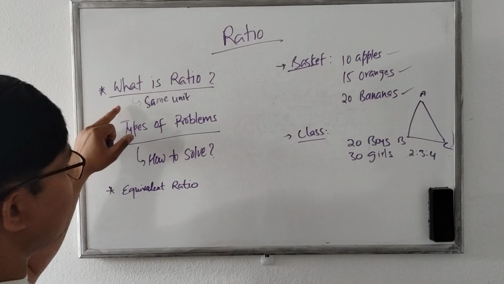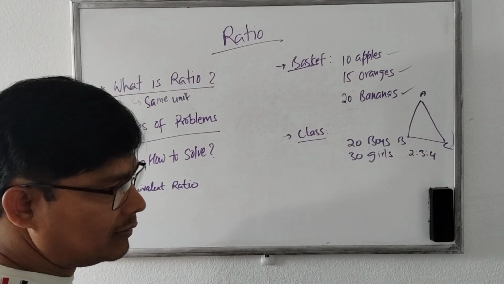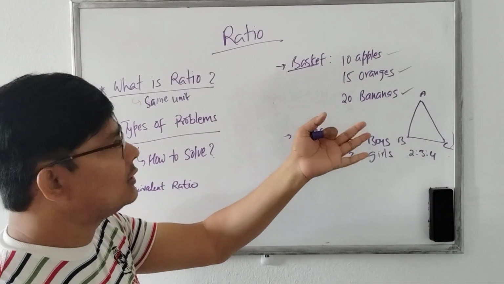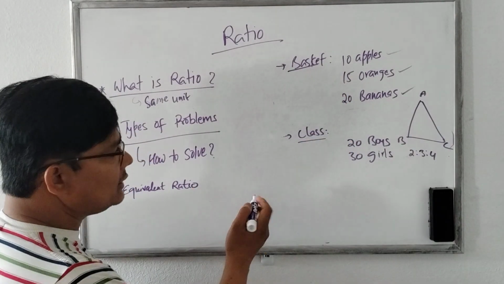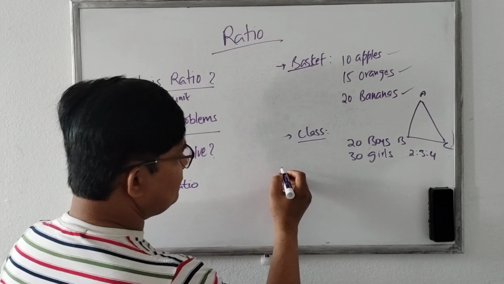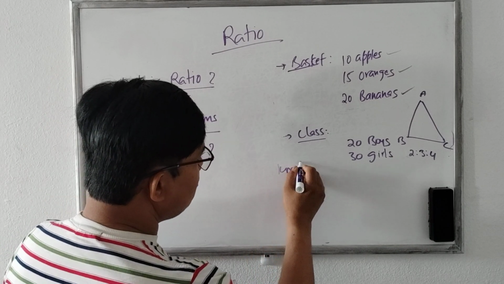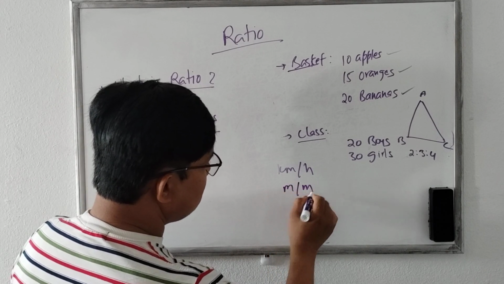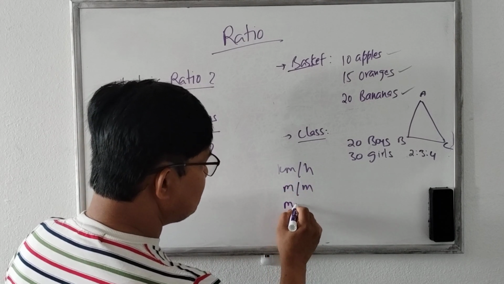Okay, one important thing, when you have different types of items, here these are quantities, so it's the same thing. But let's say speed of train. One speed is given in kilometer per hour and another is given, let's say, in meter per minute or miles per hour.